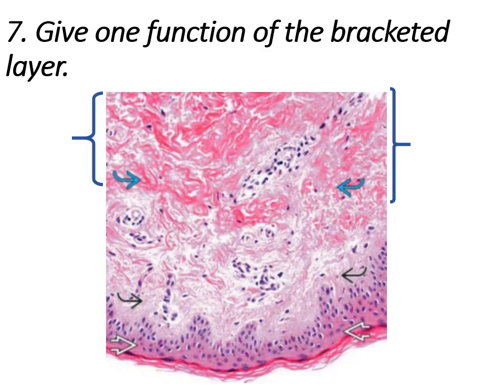Number 7, give one function of the bracketed layer. Function tayo, no? Hindi tayo nag-identify ng layer. So, identify muna natin tong layer na to. Again, nakabaligtad to, no? So, this is the outermost layer, stratum corneum, your granulosum, spinosum, and actually, hindi nyo nakikita pala ang pointer ko. Anyway, ito pala yung pointer ko. Ito yung stratum corneum, granulosum.